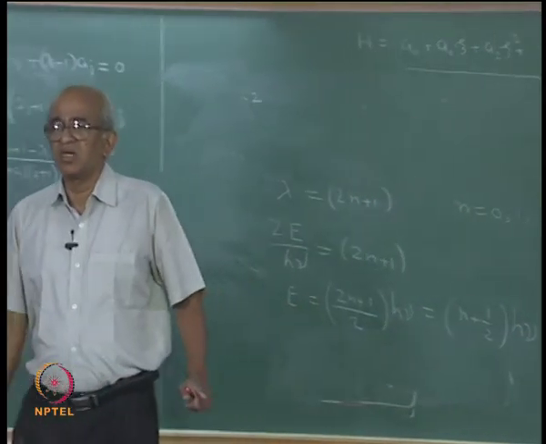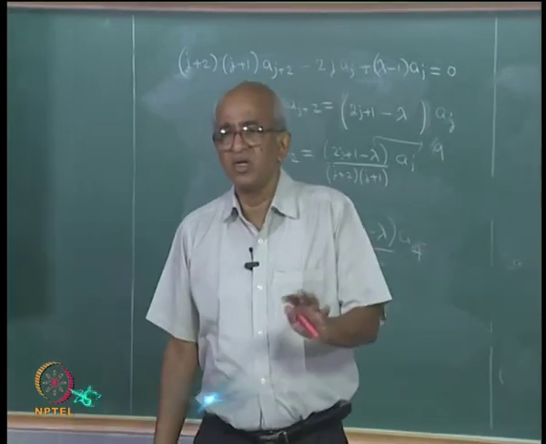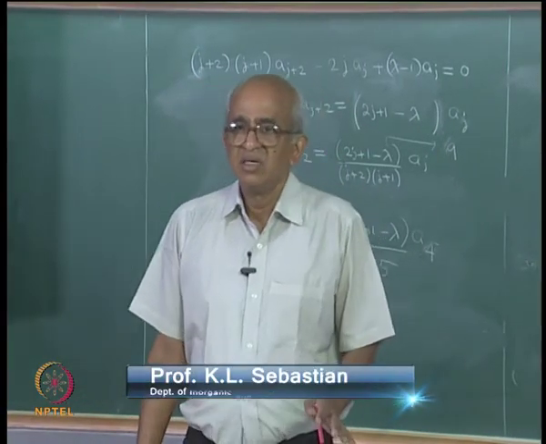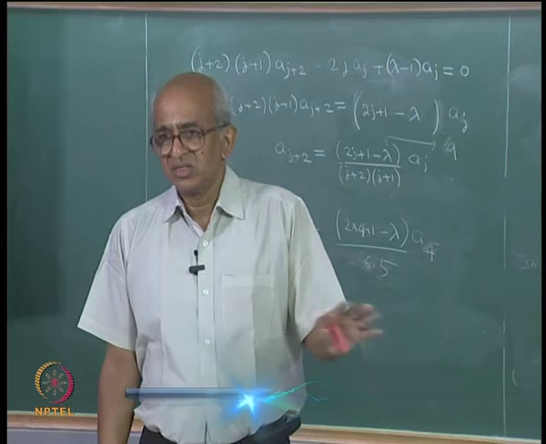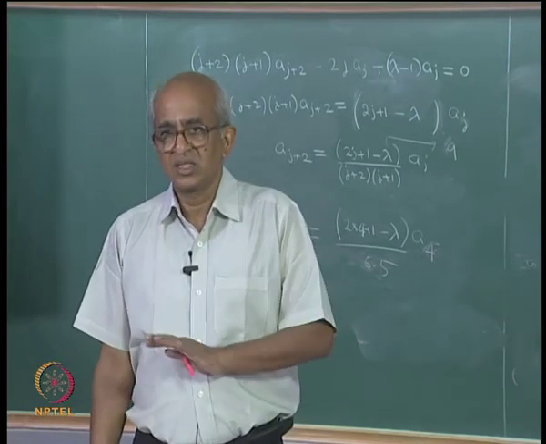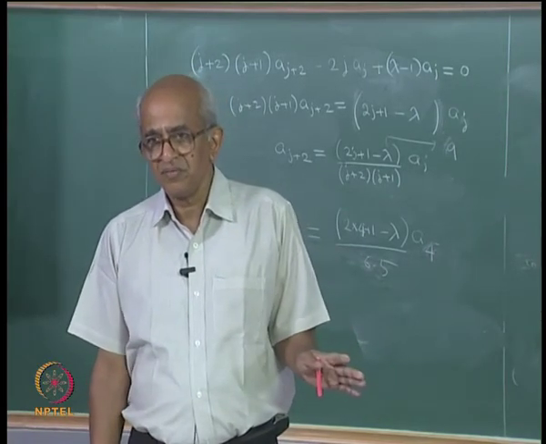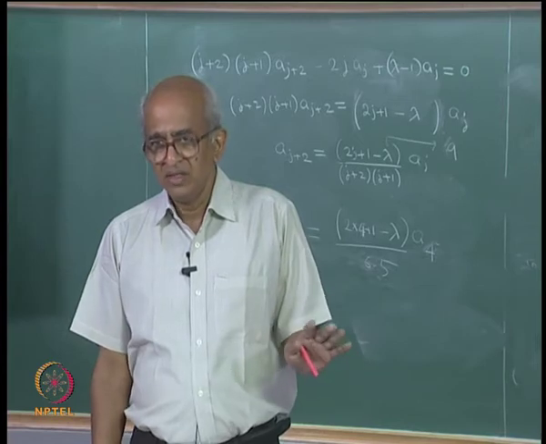E must be equal to (n plus half) h nu, then only you will have acceptable solutions, otherwise you are not going to get acceptable solutions. Fine.